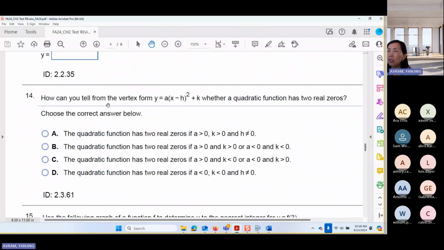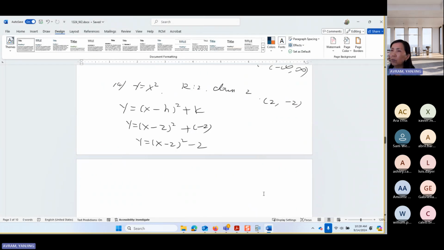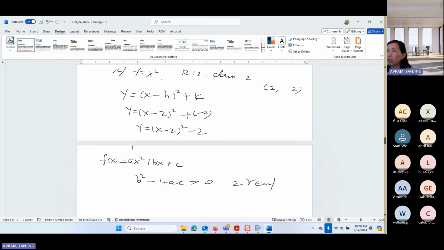Number 14, how can you tell from the vertex form whether a quadratic function has two real zeros? Well, we said earlier, if we have ax squared plus bx plus c, if you have b squared minus 4ac greater than 0, you will get two real zeros, okay?